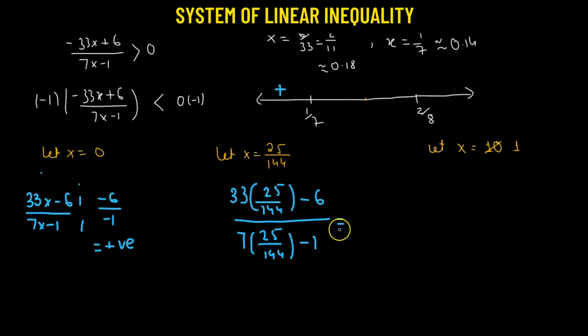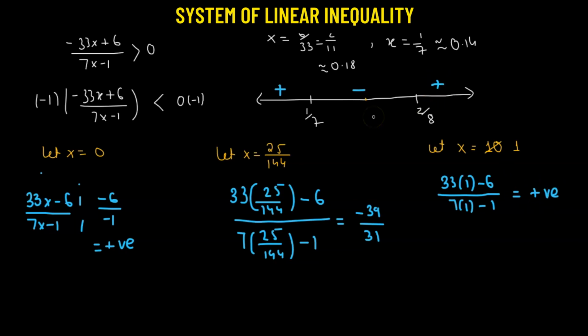And this is going to give us minus 39 over 31, so we're getting a negative value. And finally, for x equal to 1, we get 33 multiplied by 1 minus 6 divided by 7 times 1 minus 1. Here 33 minus 6 is a positive value, divided by 7 minus 1, which is 6, also a positive value. So this will be a positive value as well.